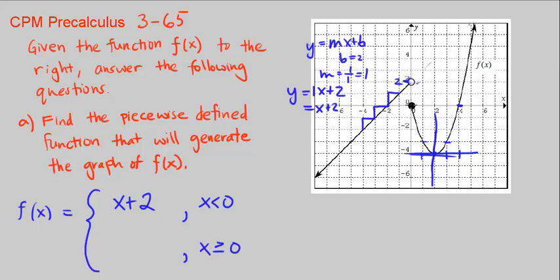But shifted now, so this looks like x squared shifted from our origin here. It's going 1, 2 to the right, and then 1, 2, 3, 4 down. It's x squared shifted 2 to the right and 4 down.